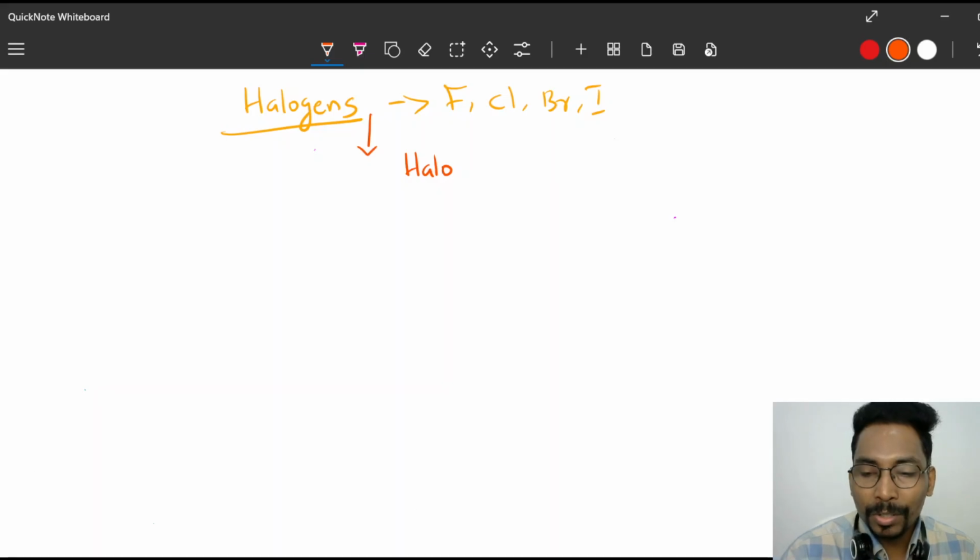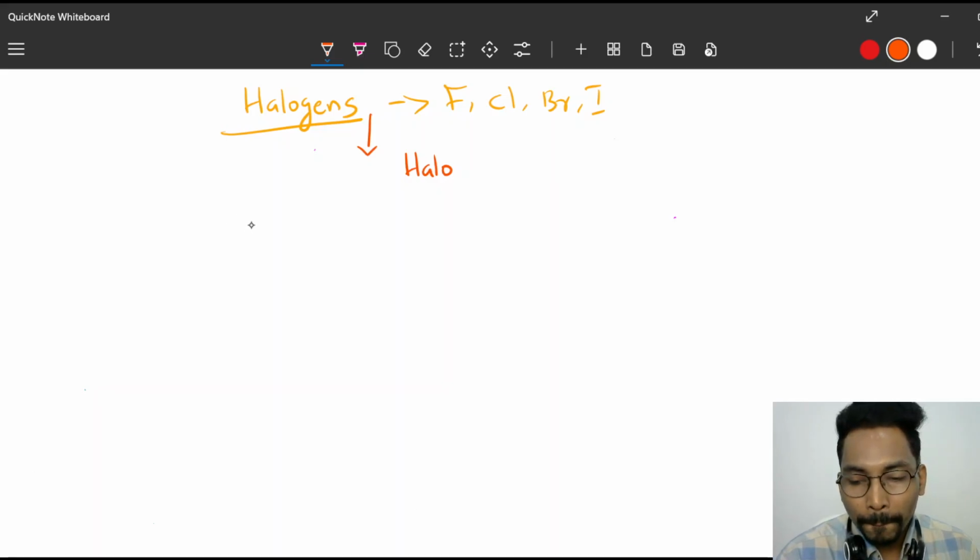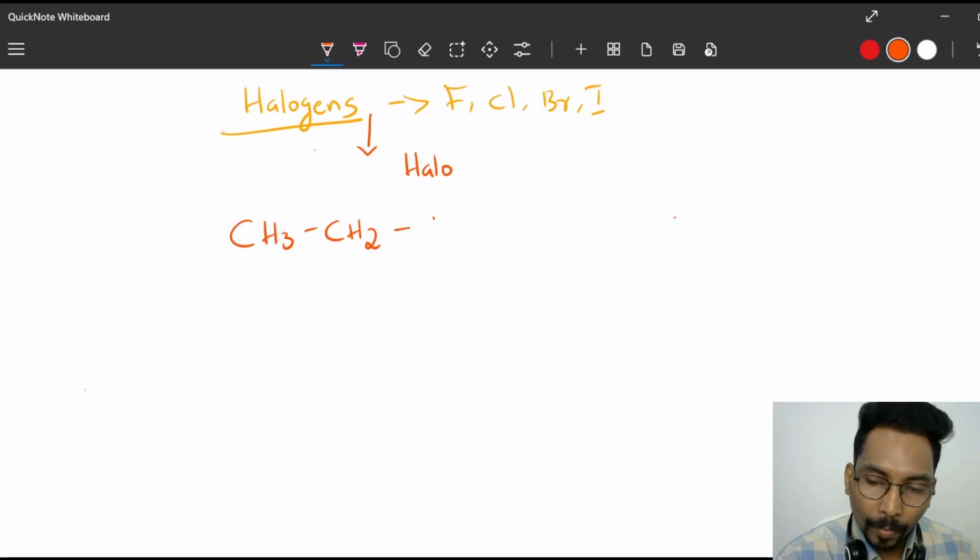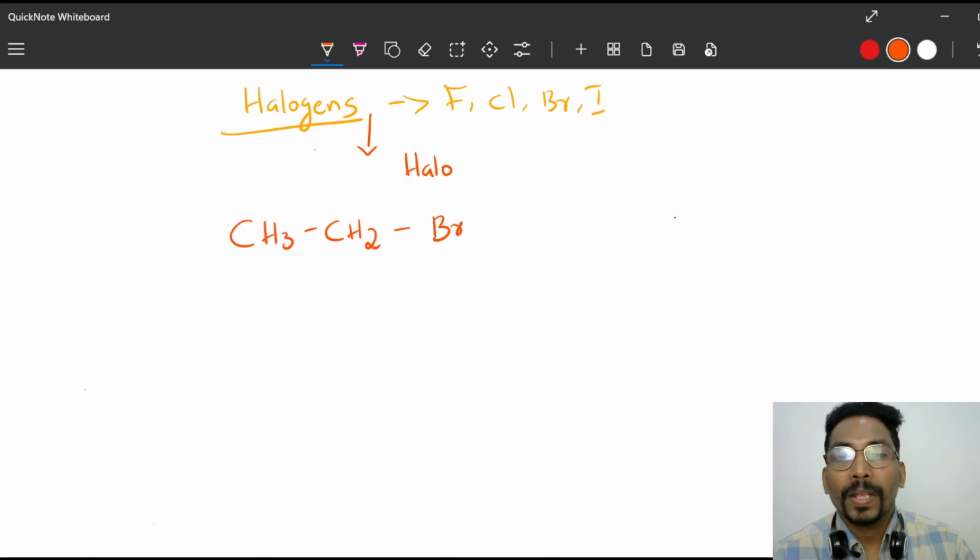Okay, so we can do one example. So how many carbons are there in this compound? 2 carbons are there. So definitely if it is 2 carbon, eth.